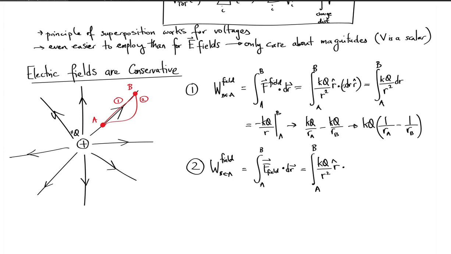But the path may not be perfectly radial, right? So let's take a look at one particular point on the path, kind of out here somewhere.